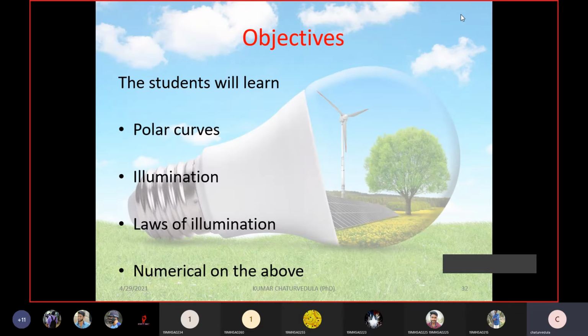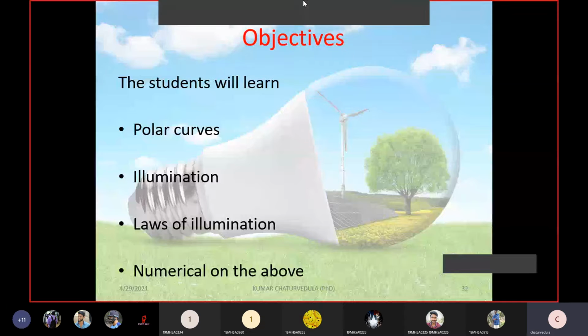Yeah, coming to today's lecture. The objectives of today's class: students will learn about polar curves, then illumination and its definition. Again, revisiting illumination, the definition includes the total amount of flux received per unit area.